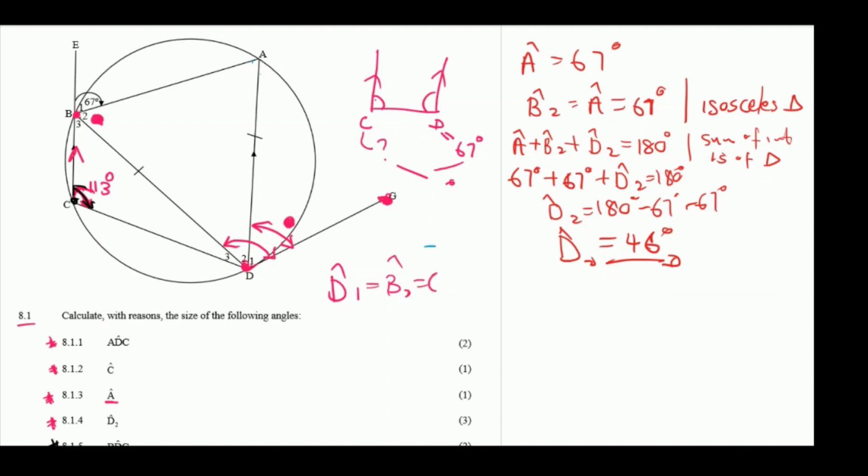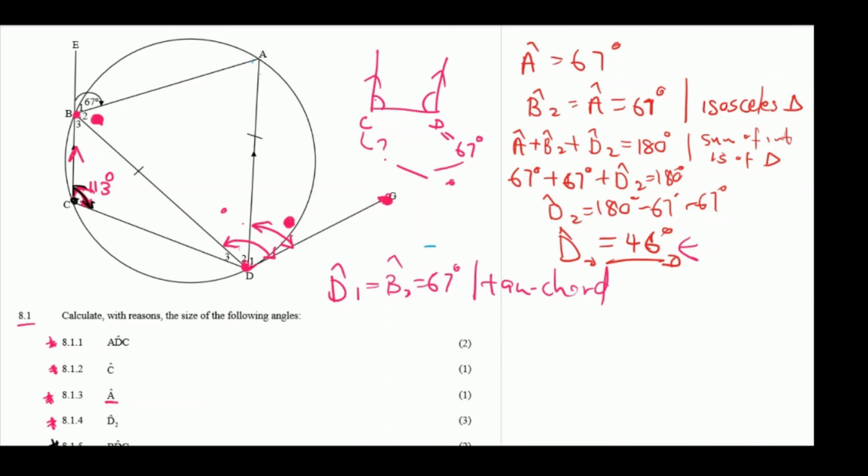We know B2 is 67 degrees. So the reason is tangent-chord, right? So these two angles are equal, and we just found D2 to be equal to 46, right? So meaning here it's 46 degrees, this here.